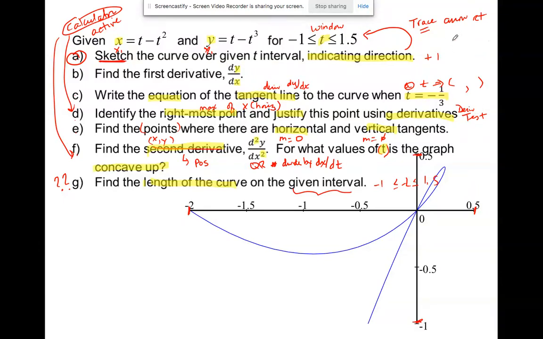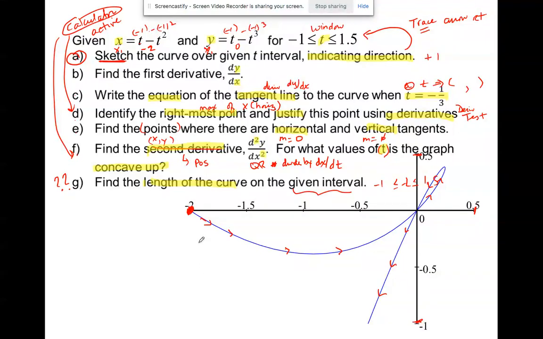If you're not sure, plug in -1 for t. -1 minus 1 is -2. -1 minus -1 is 0. Here's where you start at -1, and then if you watch your cursor, it goes like this. So that's all they want, is for you to put some arrows on here.